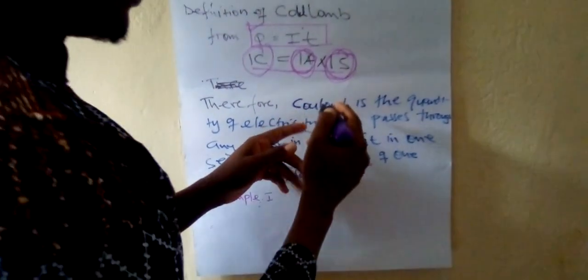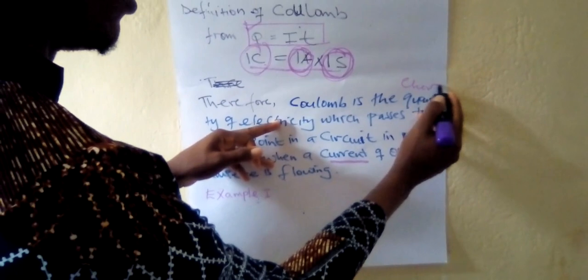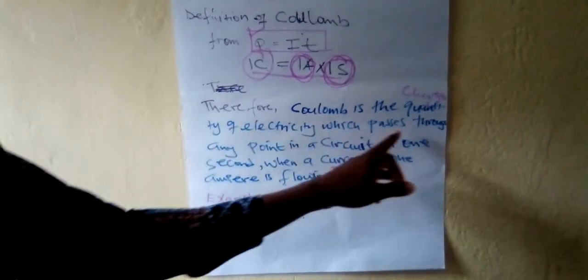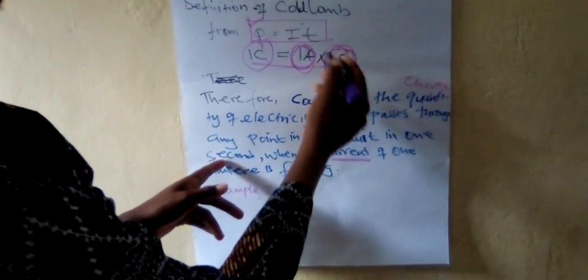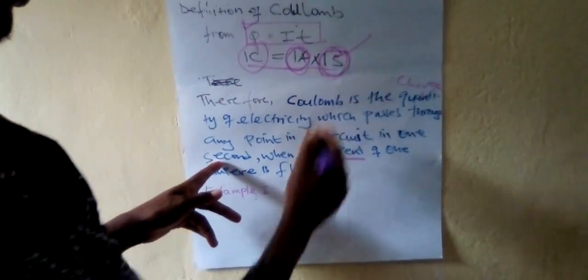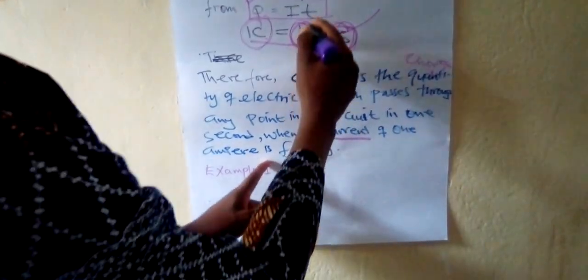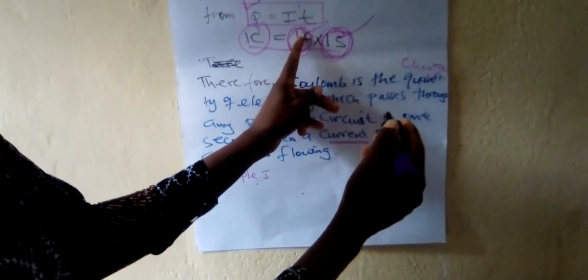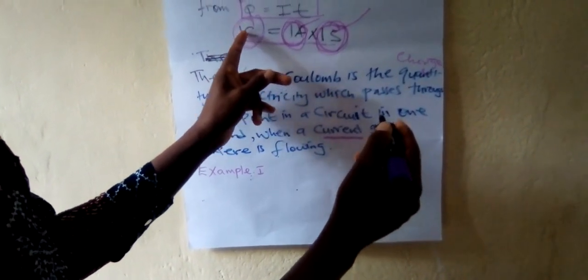So in other words, a coulomb is a charge or quantity of electricity which passes through any point in the circuit in 1 second when a current of 1 ampere flows. So when you have 1 second and 1 ampere, then automatically you get a coulomb.